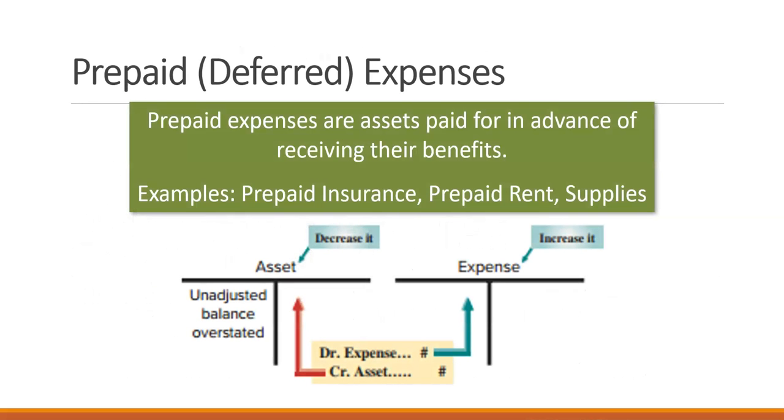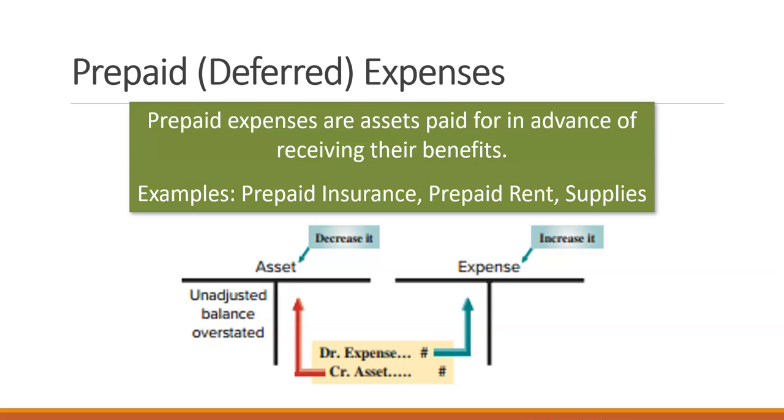One of those examples is prepaid or deferred expenses. Prepaid expenses create assets that benefit future periods of accounting. Some examples of prepaids are prepaid insurance, prepaid rent, and office supplies. When we purchase office supplies, we're going to use those supplies until they run out. It can take more than one period of accounting for those to run out.